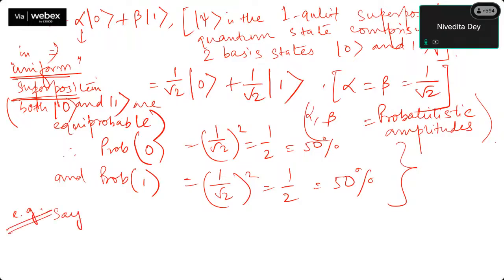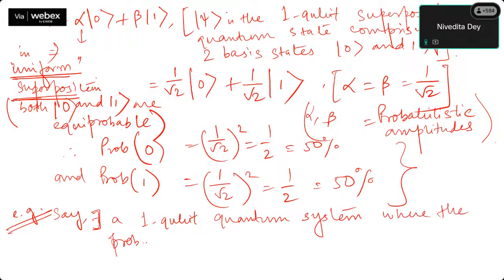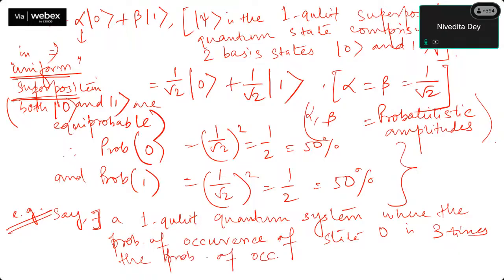Say, I'm asking a question that there exists a 1 qubit quantum system where the probability of occurrence of state 0 is 3 times the probability of occurrence of state 1.